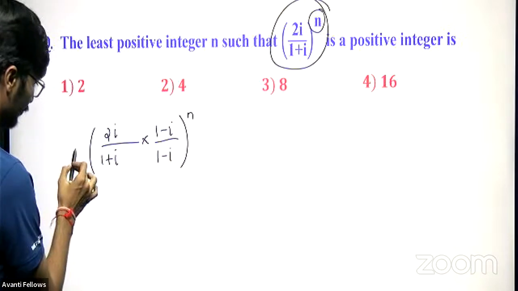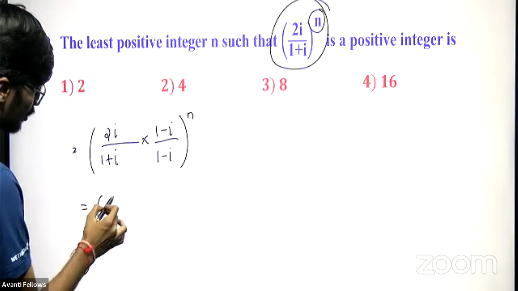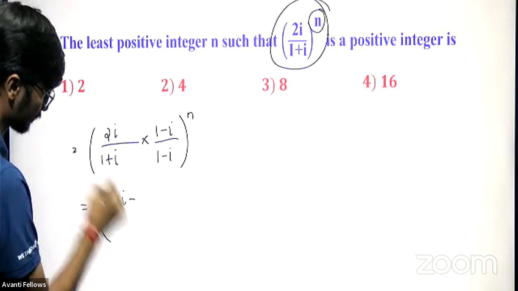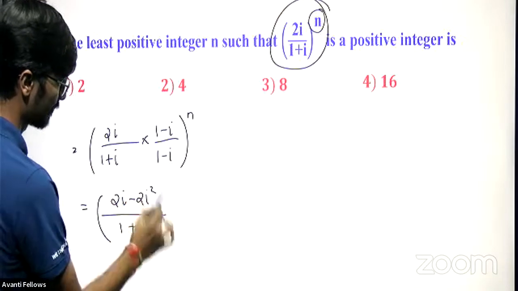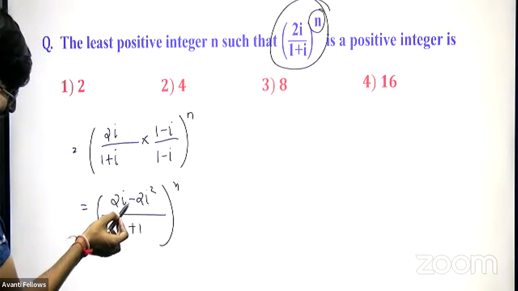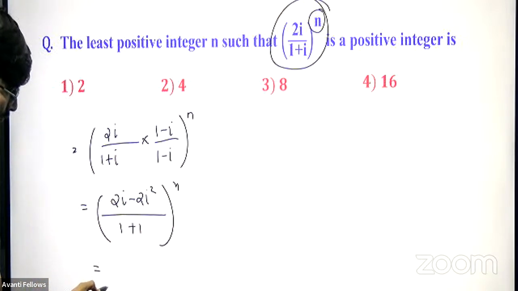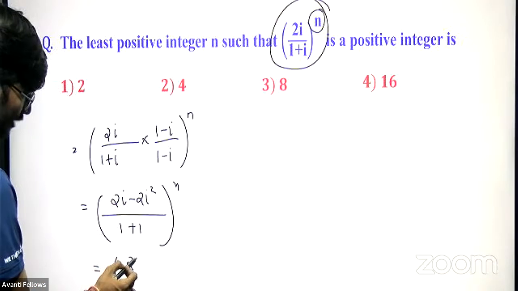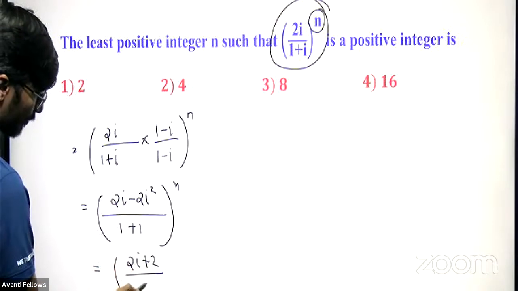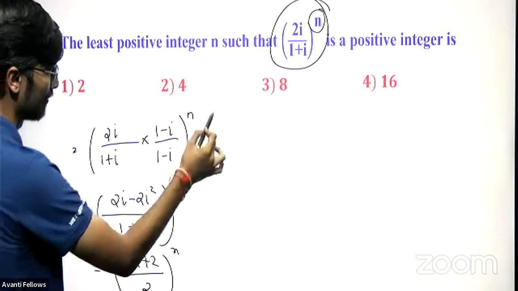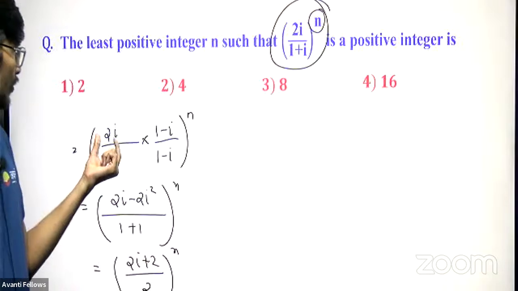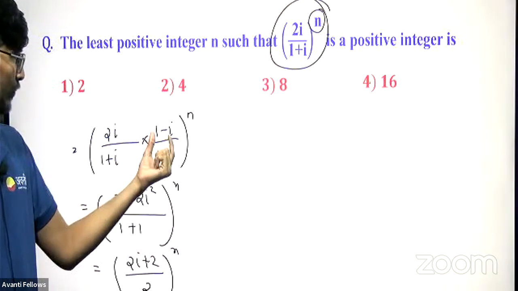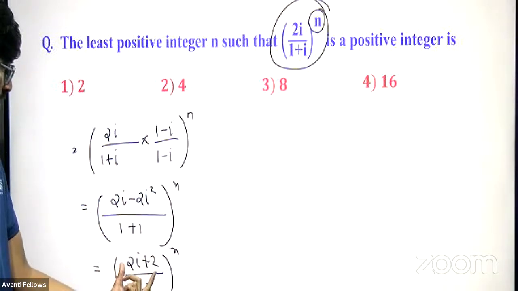So here in the numerator, I'll be getting 2i minus 2i square upon a square plus b square. So we can take 2 common, right? So this will be 2i plus 2 upon 2, raised to the power n. I hope we didn't make any mistake. 2i into 1, 2i into minus i, minus 2i square.